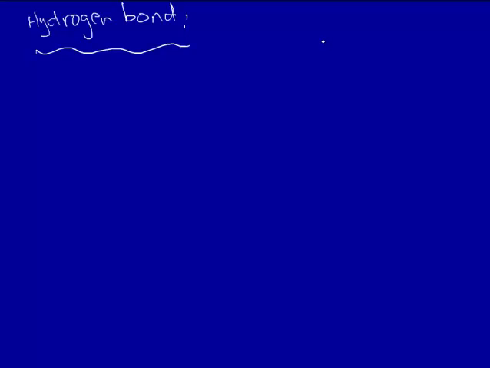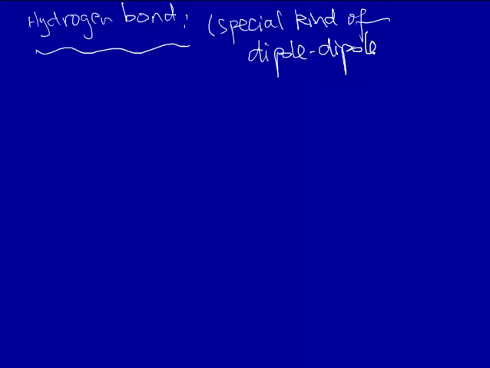It's very temporary. So the hydrogen bond is essentially a special kind of dipole-dipole interaction. Okay, it's a very special kind.